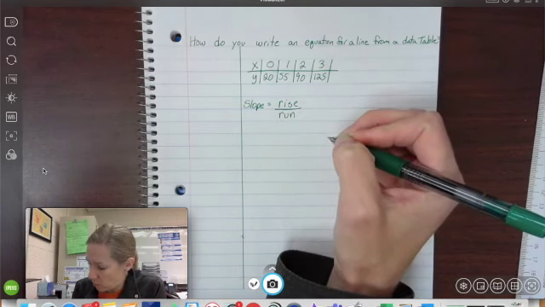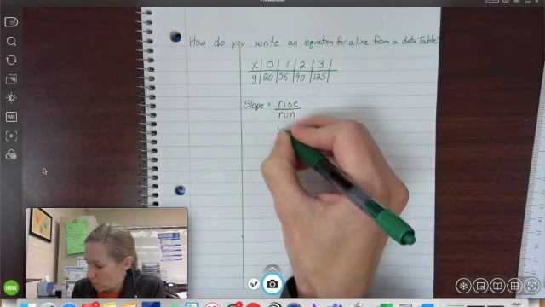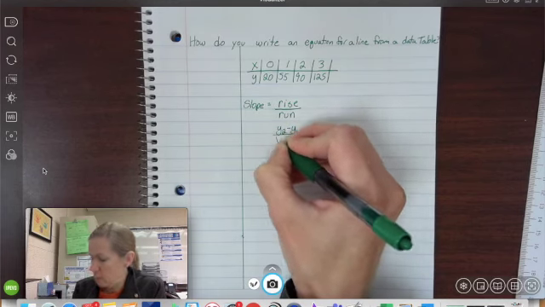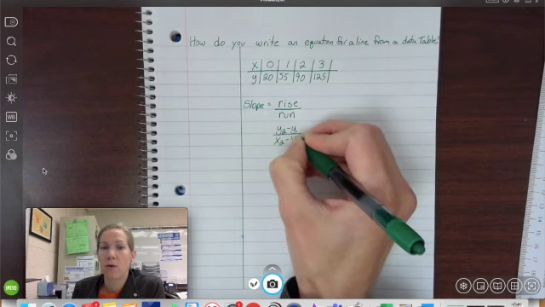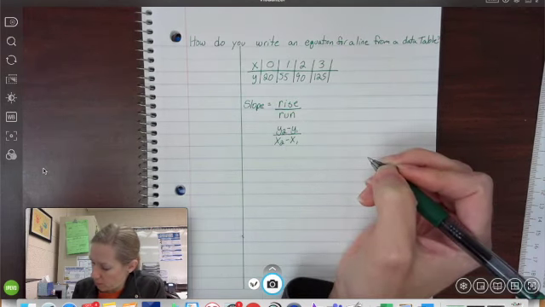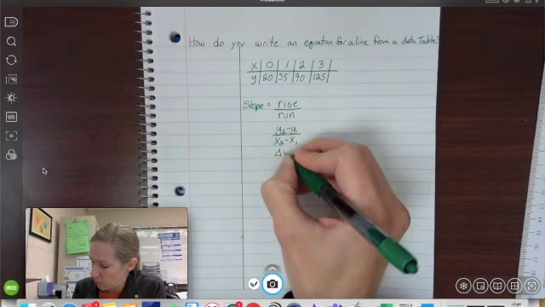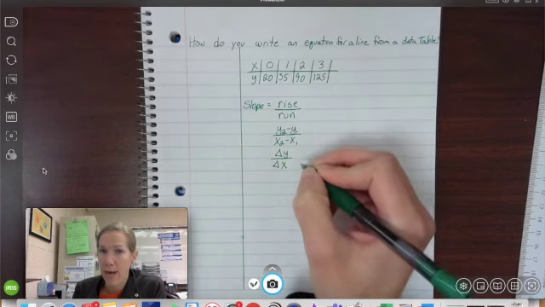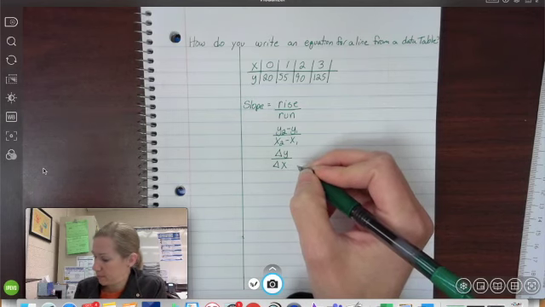It can be found with the equation y2 minus y1 over x2 minus x1. Or you can find it change in y over change in x. All of these things are just different ways of saying the same thing.